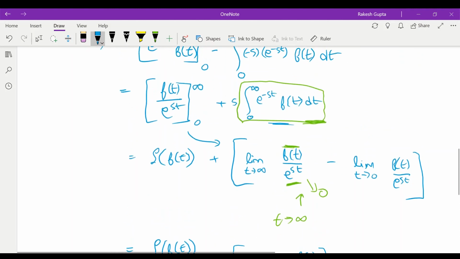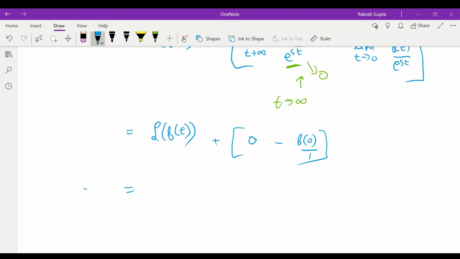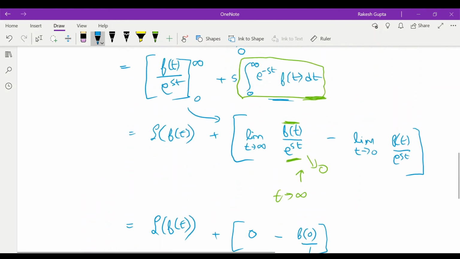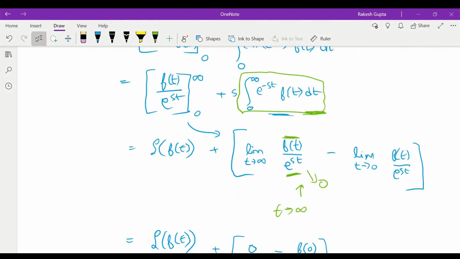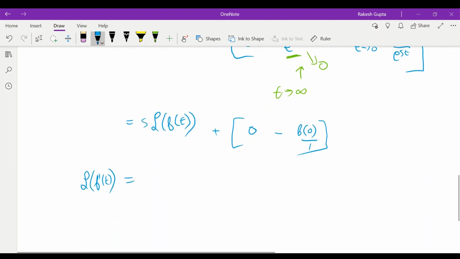We can write the Laplace transform of f dash of t as, wait, there is s multiplied over here, s times the Laplace transform of f of t minus f of 0.